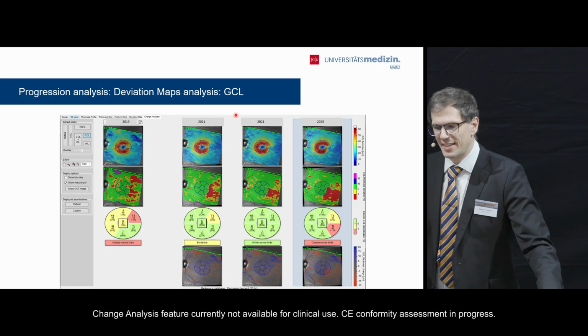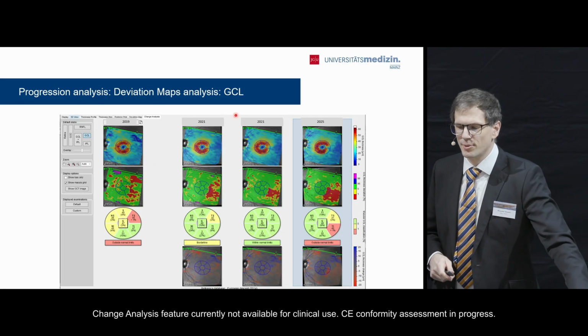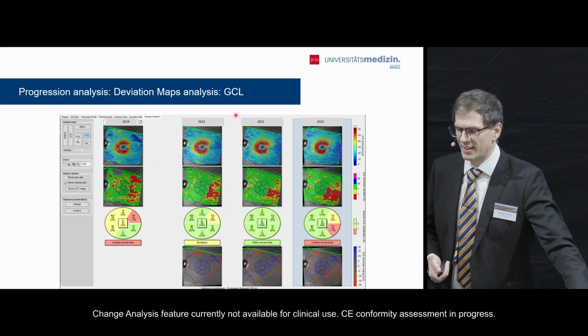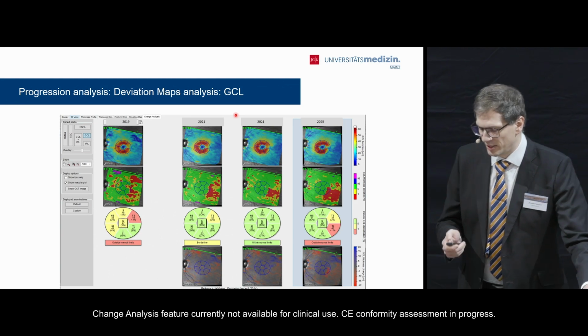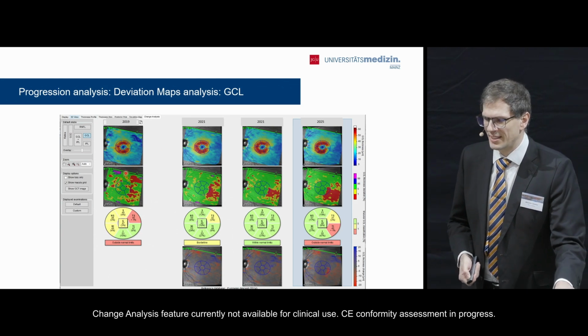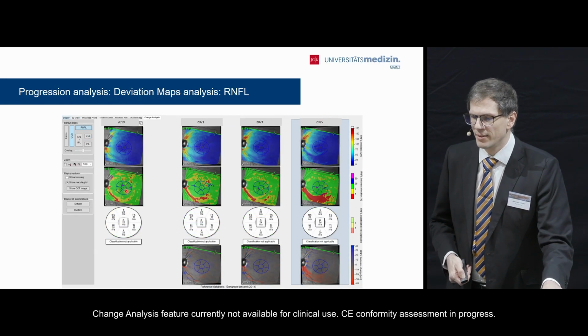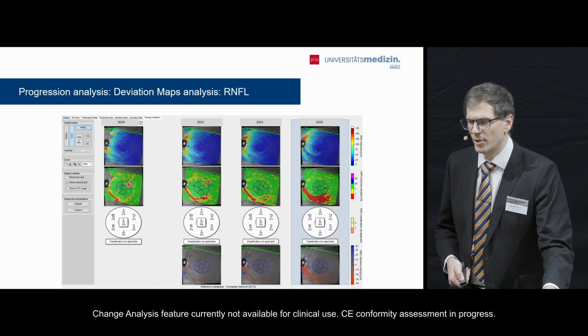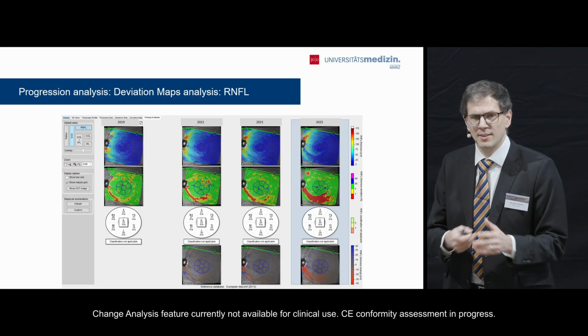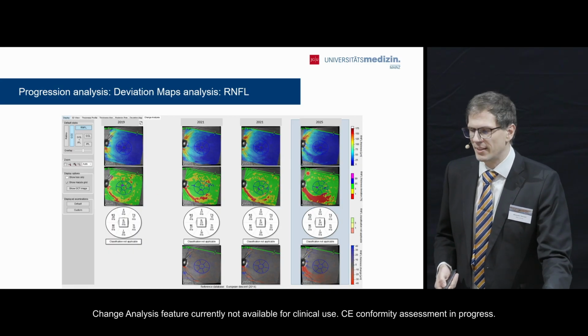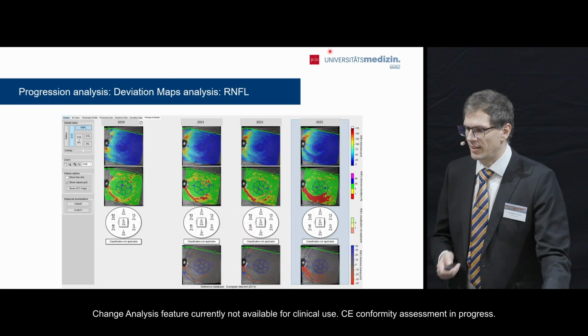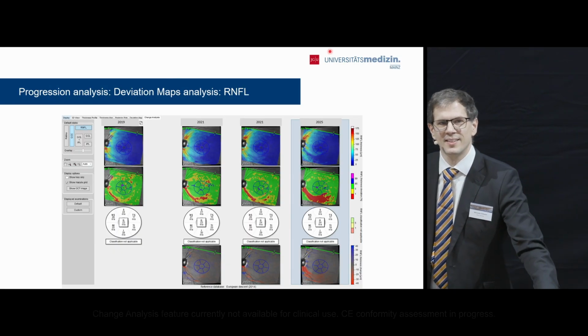And as a last step, you have the chance of using deviation maps, like the ganglion cell layer over here, just the left eye, where you actually can't see much change. But if you use the NFL thickness analysis of the posterior pole, you can nicely see the widening of the bundle defect over these 5 to 6 years.